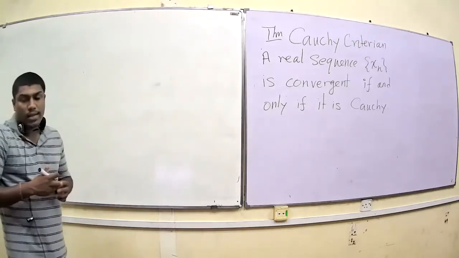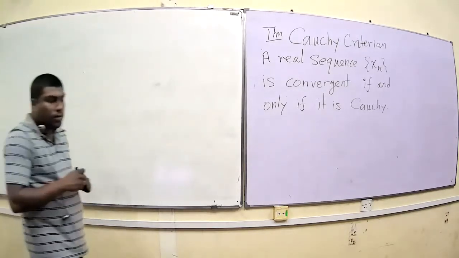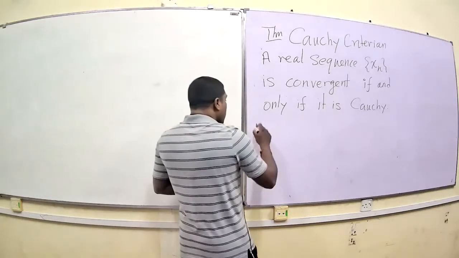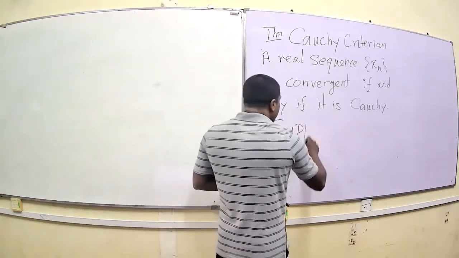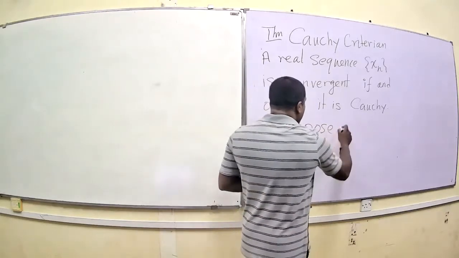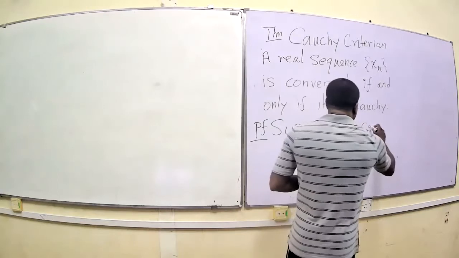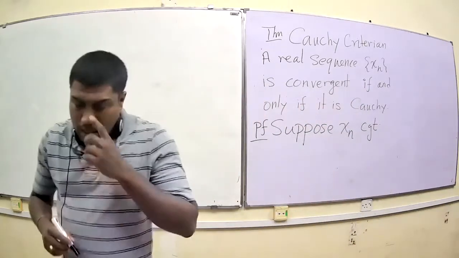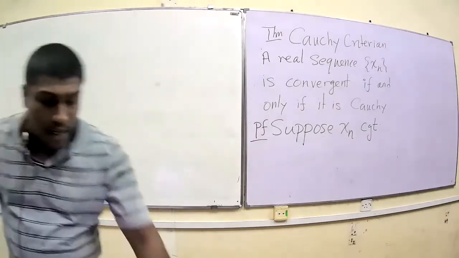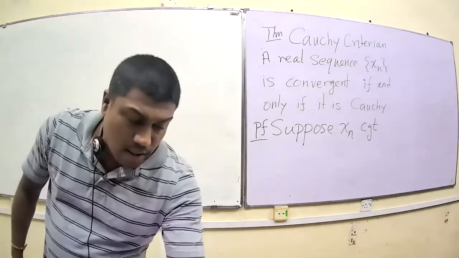So we have to prove it two ways. First, let us go this way. Suppose xₙ is a convergent sequence.